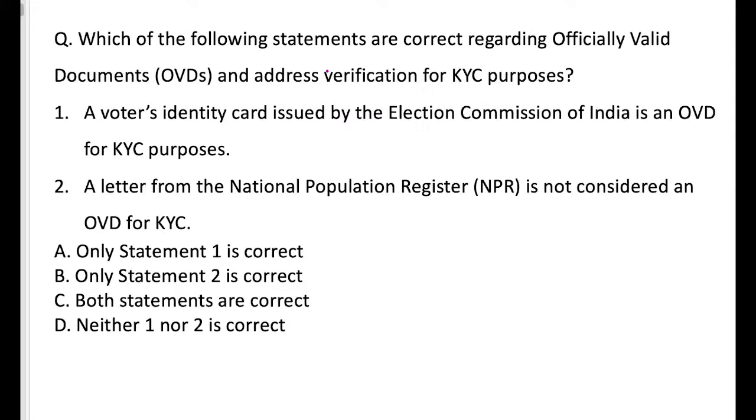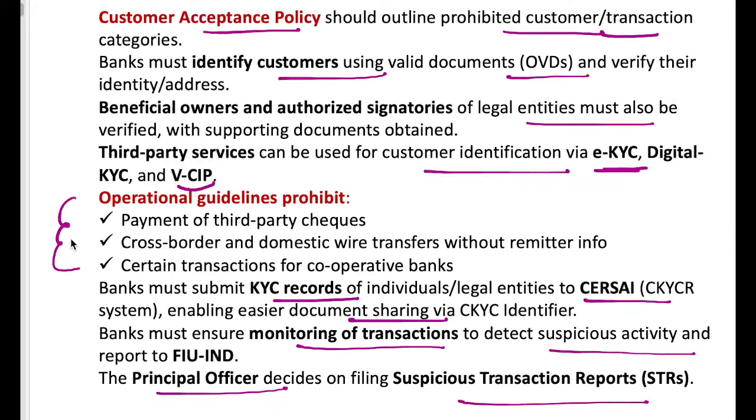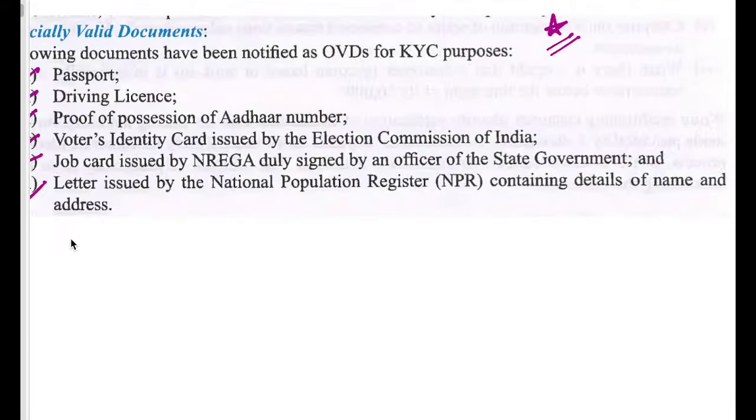So officially valid documents and address verification. The first statement, voter ID cards issued by election commission, yes. Letter from and it is considered again. So only statement one will be the right answer for this particular question, right? So that is the one, A, everyone is aware of this.